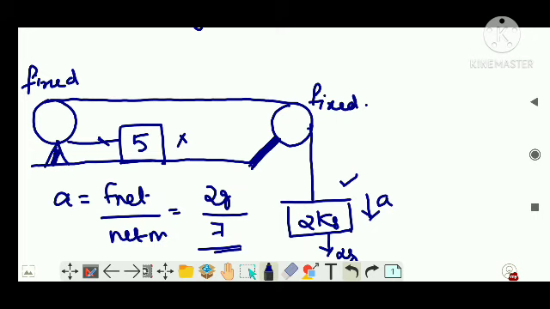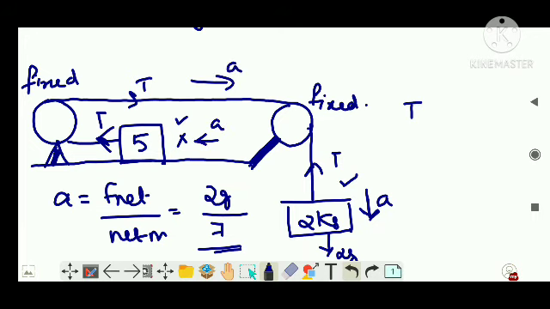This will be having a tension outwards, right? This tension outwards, this tension outwards. So for this 5 kilogram, let's write T. Let's say this is moving with an acceleration downwards, means this 5 kilogram will be moving with an acceleration here, in this direction.